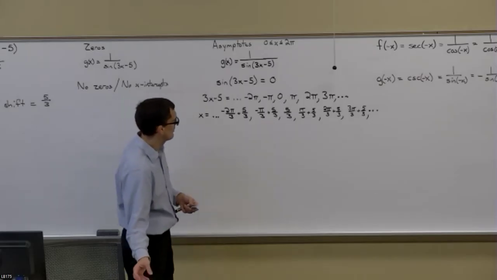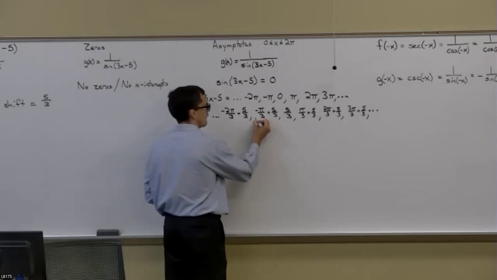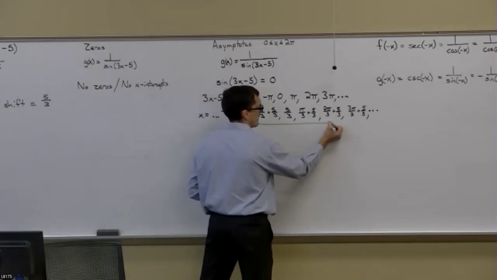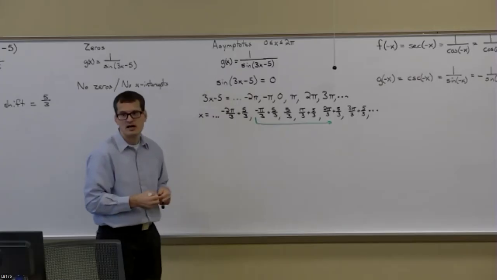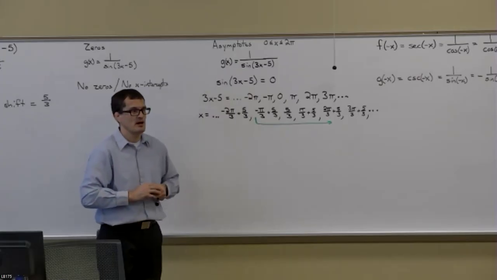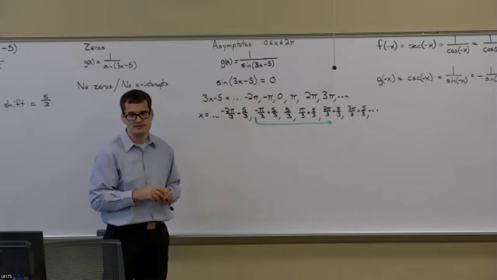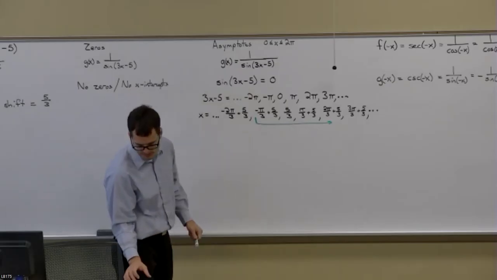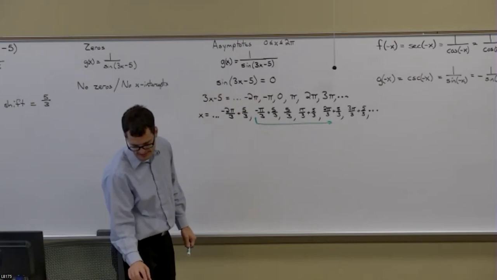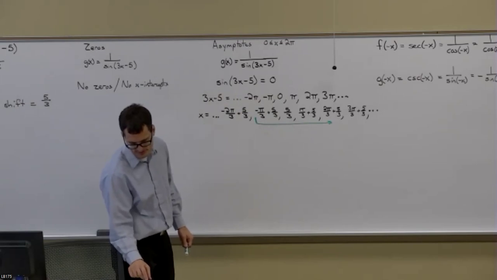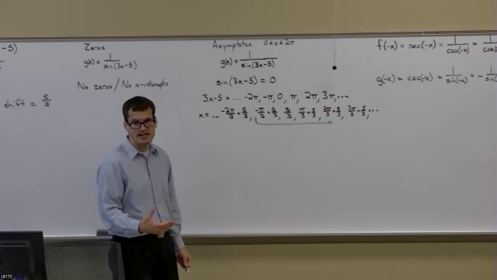So we're going to start right here and go out for a while until we hit something that's above about 6.28. If I take 3 pi over 3 and add 5/3, I get 4.8.